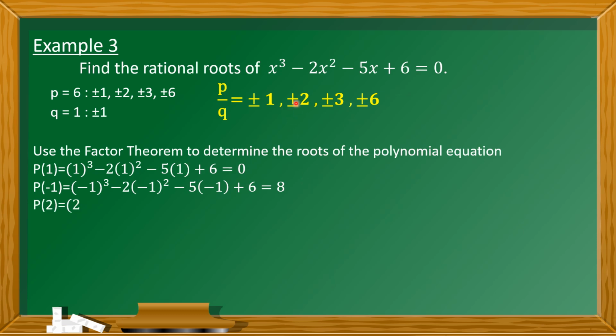For P of 2, we have 2 cubed minus 2 times 2 squared minus 5 times 2 plus 6, and that is equal to negative 4.